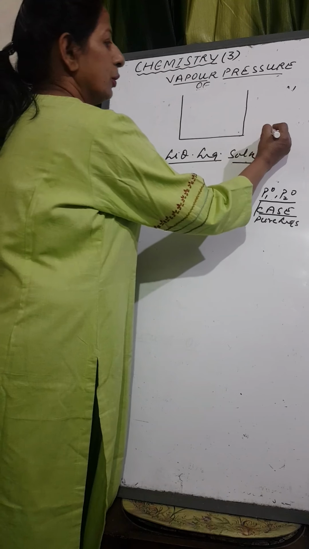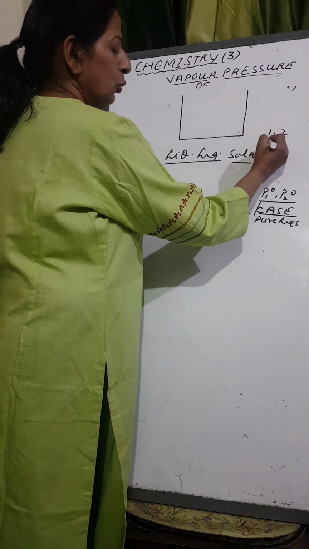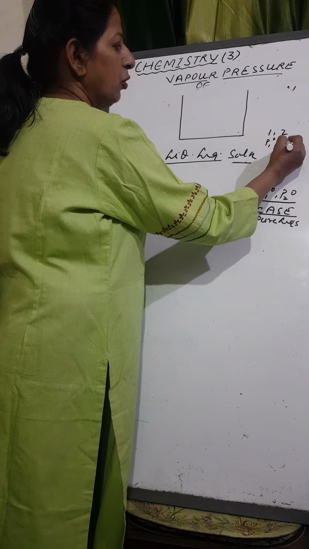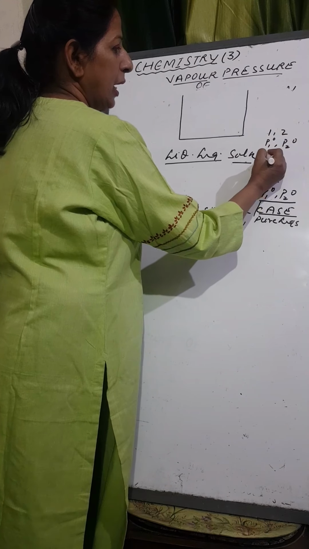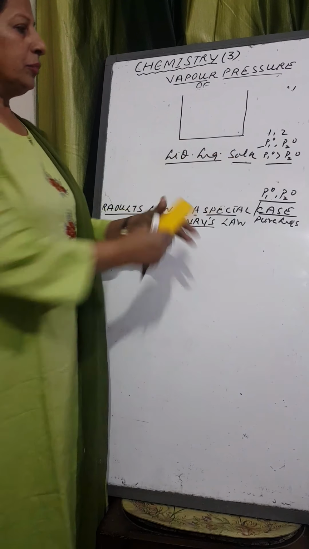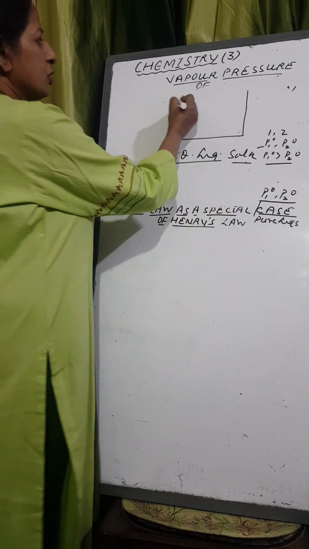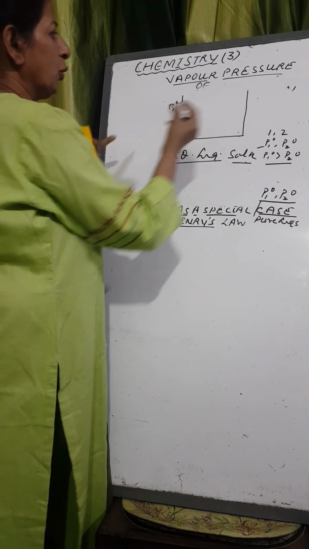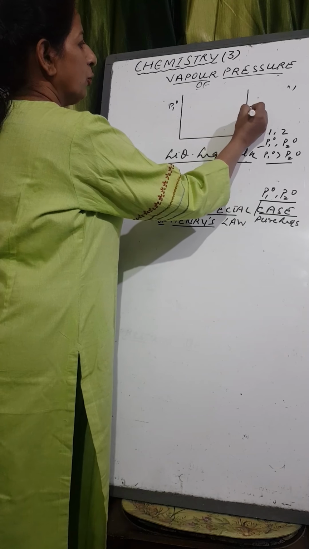As the two liquids are 1 and 2, let their vapor pressures in the pure state be P1 naught and P2 naught. If I take P1 naught greater than P2 naught, it means the first liquid is more volatile than the second liquid. So suppose this is P1 naught, as it is more volatile. P2 naught will be this.